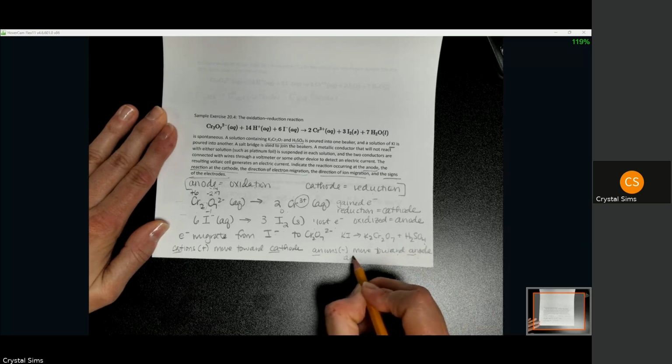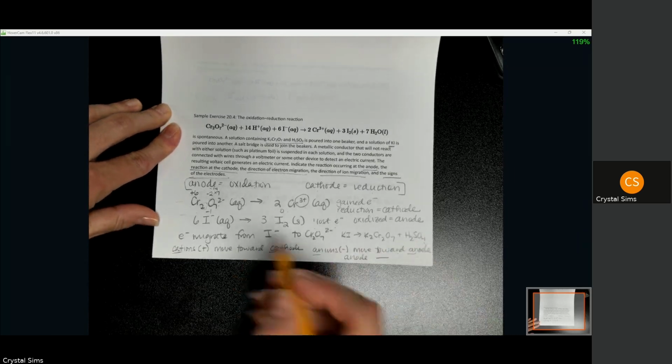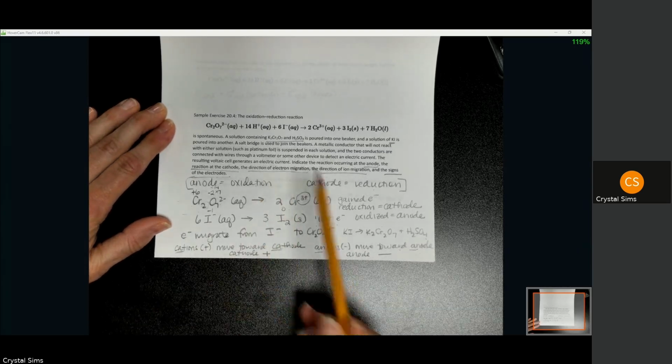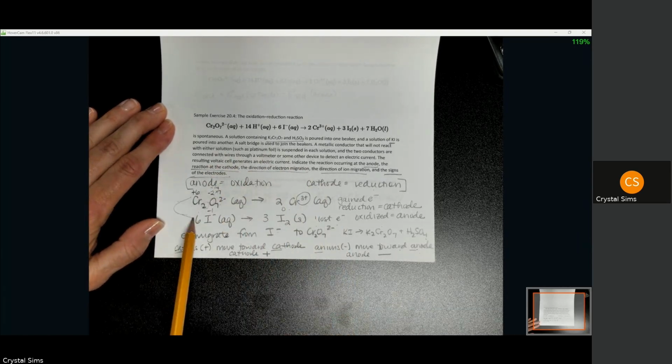So our anode is negative, and then our cathode is positive, right? So in order to solve all of this, the first thing you have to do is get your half reactions, and that's going to help you determine which one is being reduced, which one is being oxidized, and you can move forward.